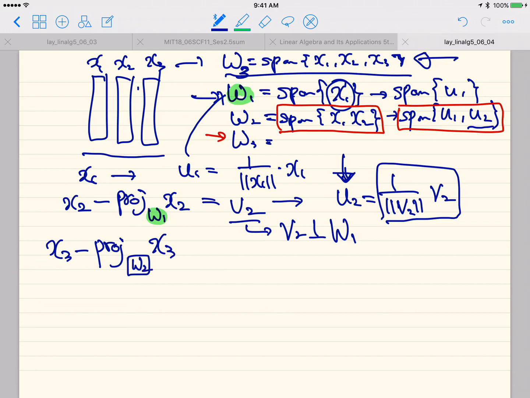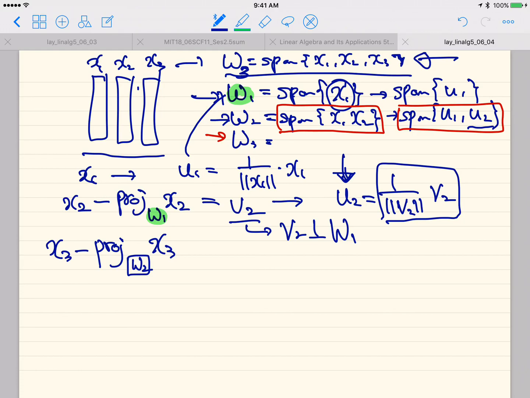It should be W2, right? Because we are subtracting out the orthogonal projection onto the subspace explained by the previous two vectors, right? So we now have this subspace, and then we have another vector that is orthogonally projected onto the previous subspace spanned by these two vectors. So that's called this W2.